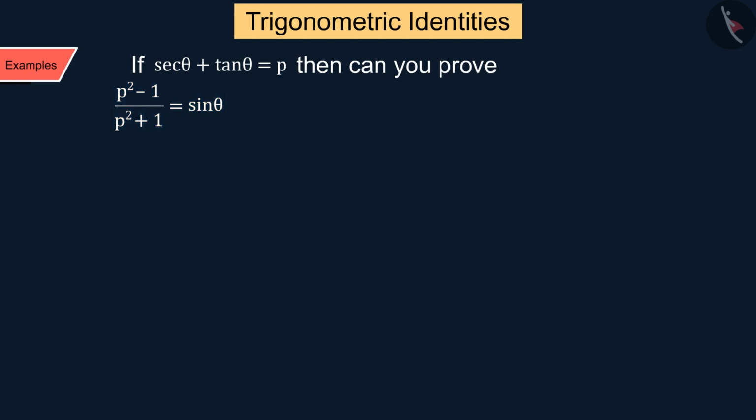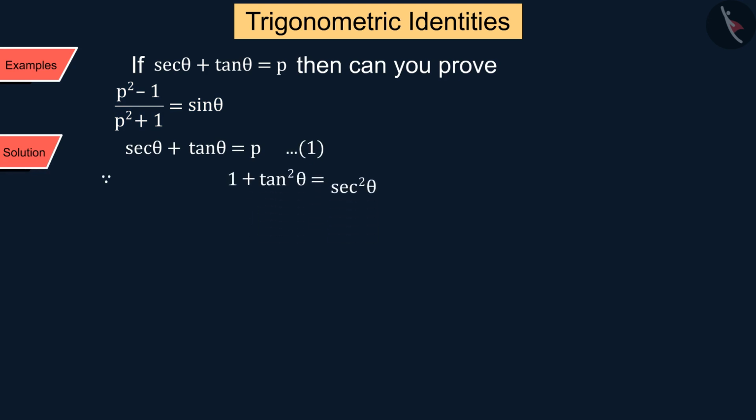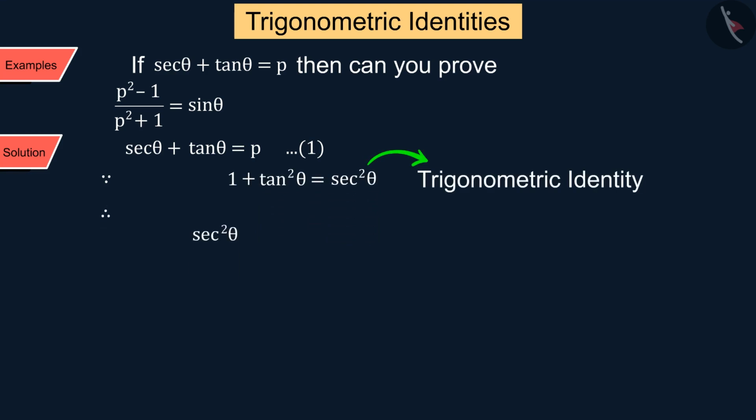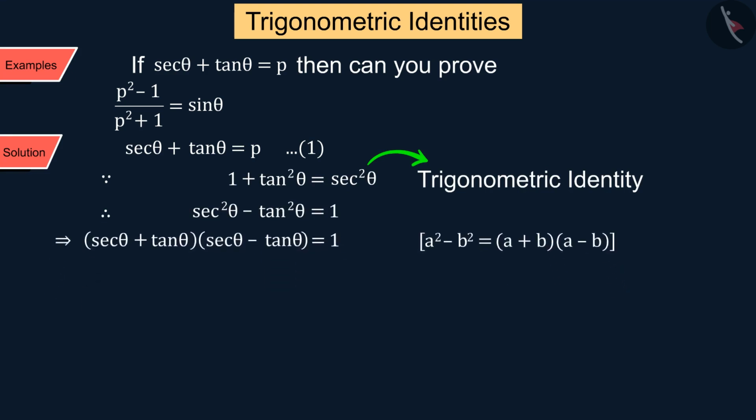Let's see. Given that sec theta plus tan theta is equal to P, which is represented by equation 1, and we know that 1 plus tan square theta is equal to sec squared theta, which we solve by keeping the square of sec theta minus the square of tan theta as 1.